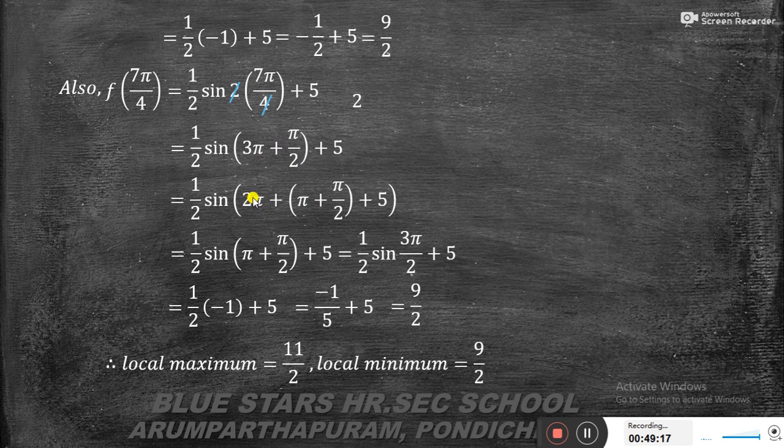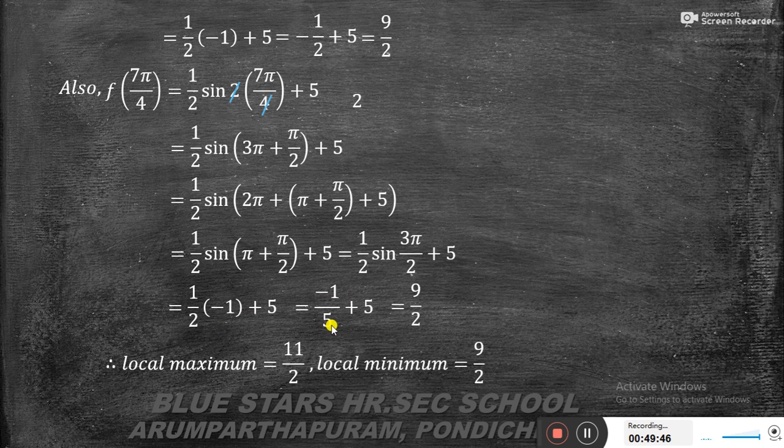Sine of 2 pi plus theta is sine theta, so sine of pi plus pi by 2, and sine of pi plus pi by 2 means minus sine pi by 2. Sine pi by 2 is 1, so minus 1. So 1 by 2 into minus 1 plus 5.